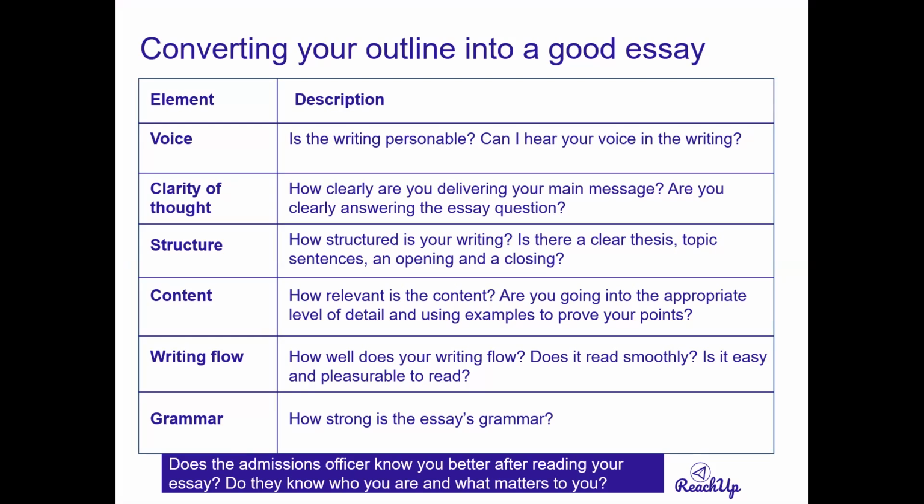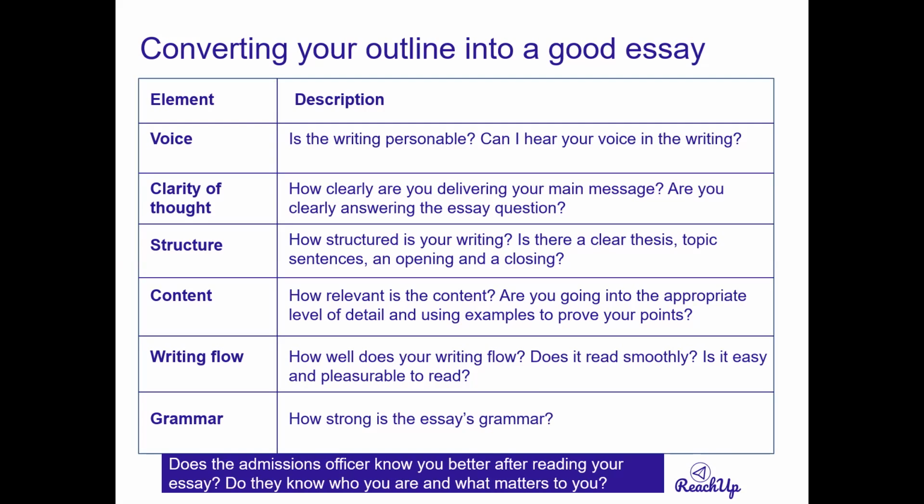As you're shifting from having an outline to building a really good essay from that, it's important to keep a few elements in mind. If you're evaluating your essay, there are 6 different elements that you want to make sure you have checked. One is, is your writing personable? If I'm reading your essay, can I hear your voice in your essay?